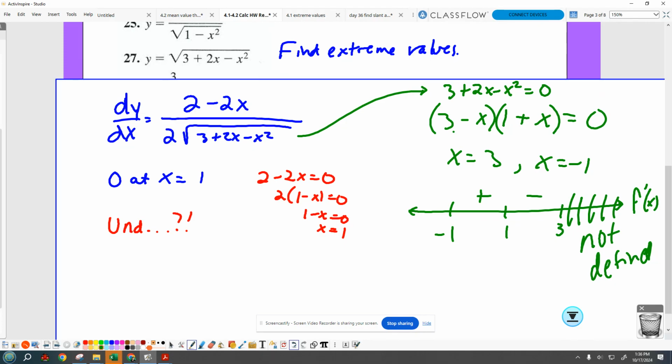So those numbers were never allowed in the domain before we started, so we gotta look at it now. What about like -8? Does it work for -8? Plugging in -8 up top, that's gonna end up being positive, but plugging in a -8 down here, does that work? No.